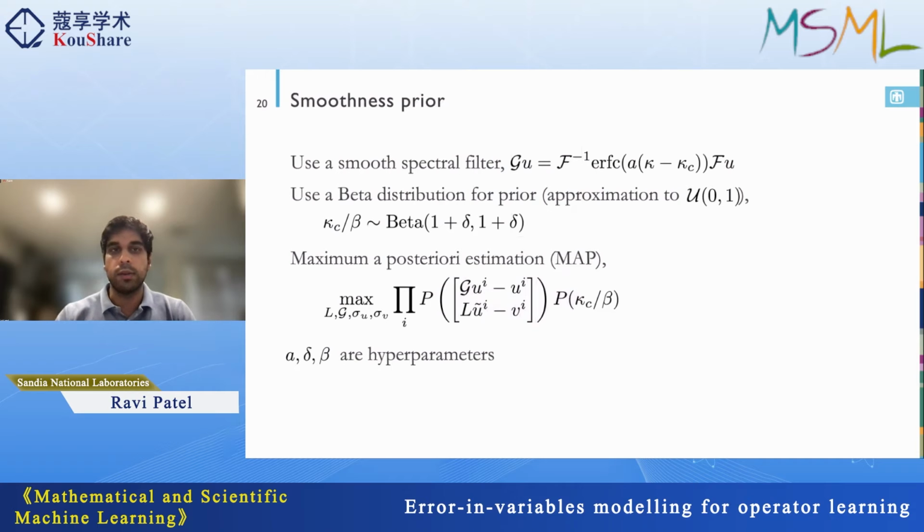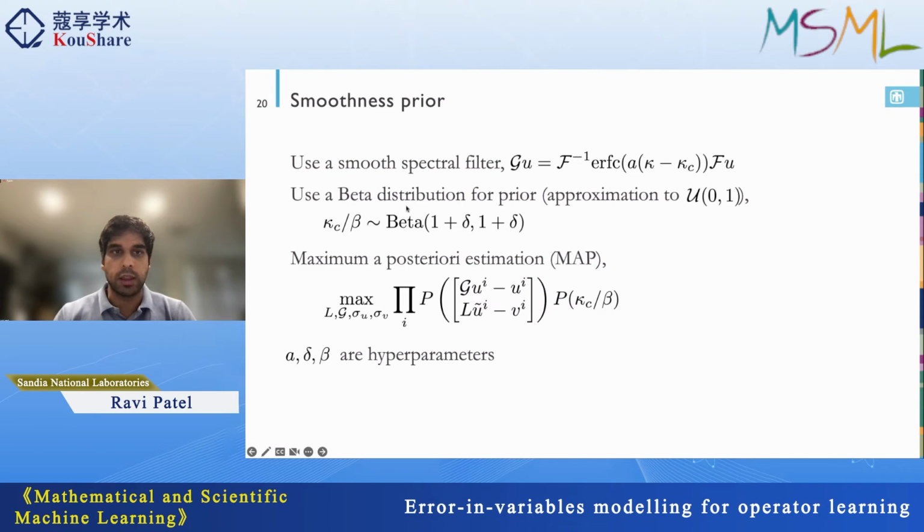So we found we could improve robustness with this smoothness prior. Looking again at the smooth spectral filter we work with, we place a prior on this cutoff wave number. We want it to be within a certain range, so it doesn't just go to the maximum wave number and then the filter returns the input function unfiltered. We do this by placing an approximation to the uniform distribution, which is as weak a prior as we could come up with.